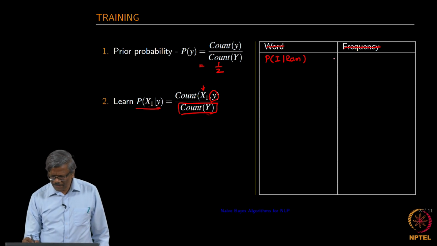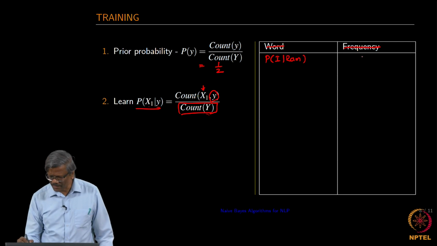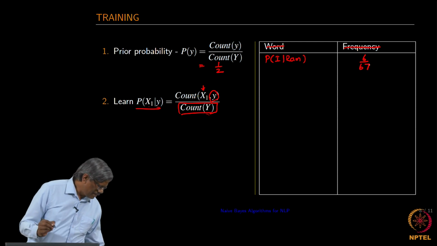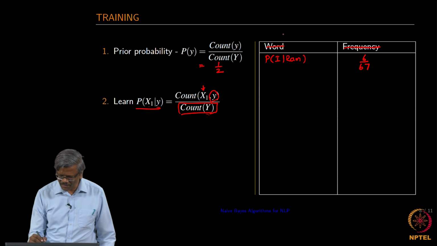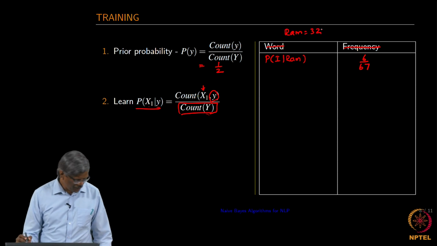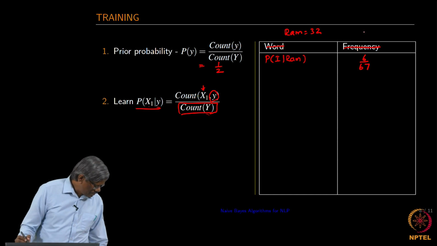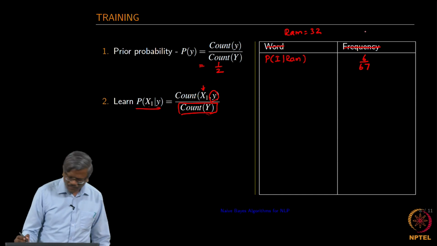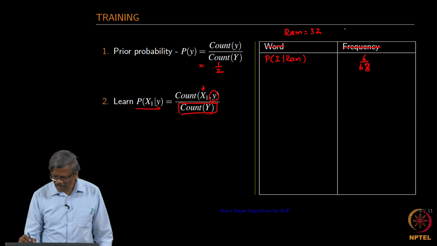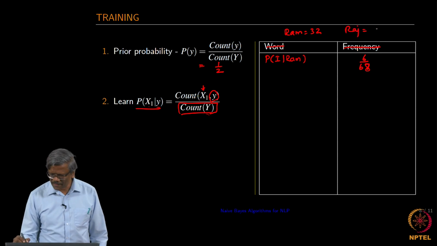So, this value is going to be 6 by 67. I think the number of words for Ram is 32 and Raj is 36.